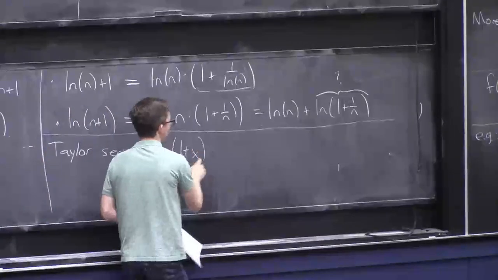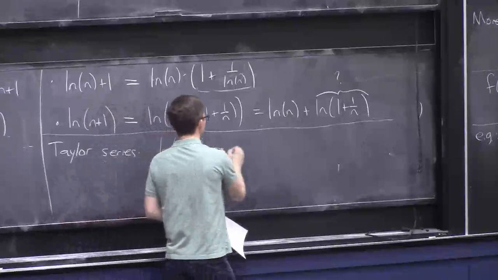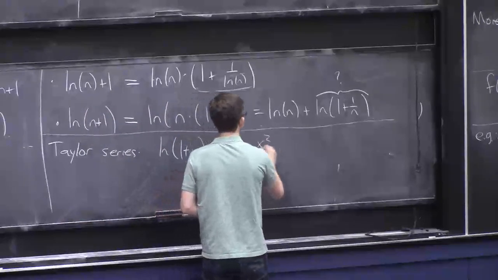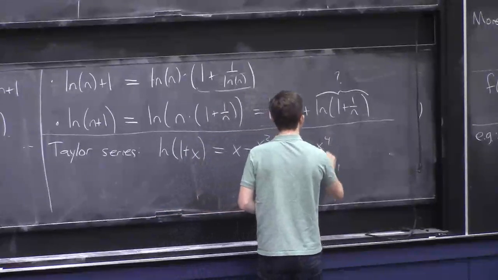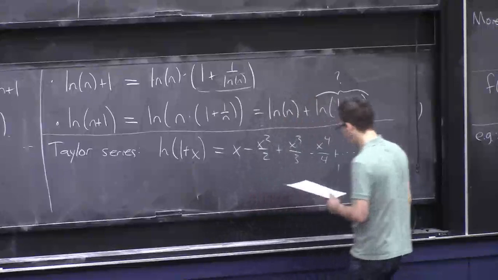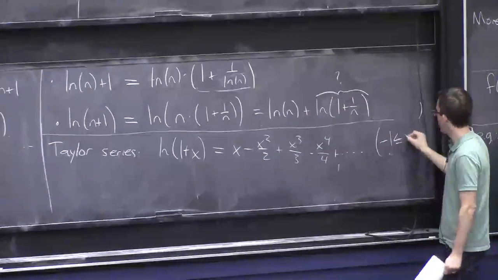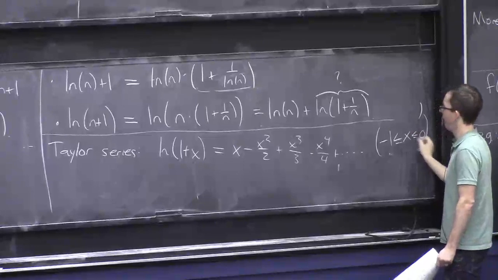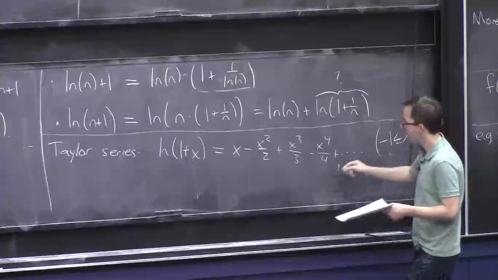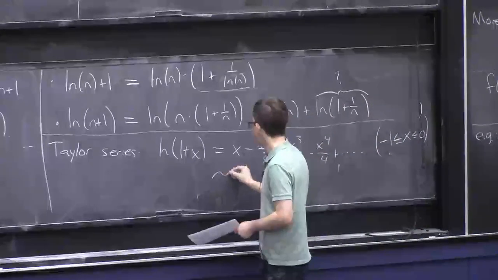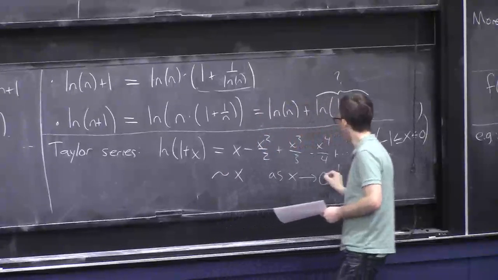Ln of 1 plus x, when you think of x as a small number, in the neighborhood of 1, has a series: x minus x squared over 2 plus x cubed over 3 minus x fourth over 4, etc. And this holds for all x between -1 and 1. But in general, this is asymptotic to x as x goes to 0.